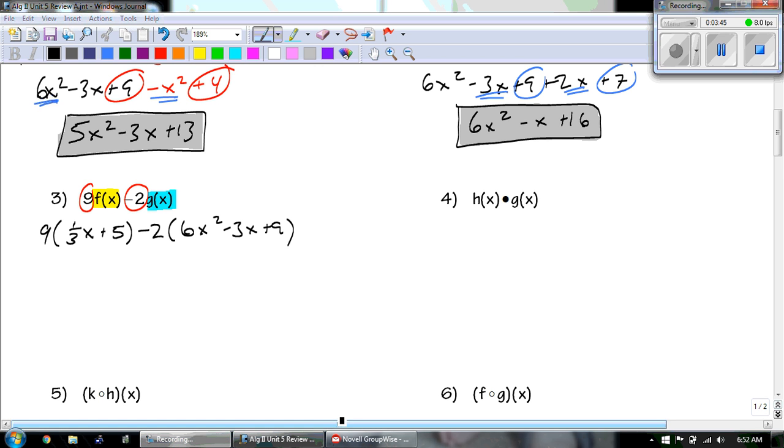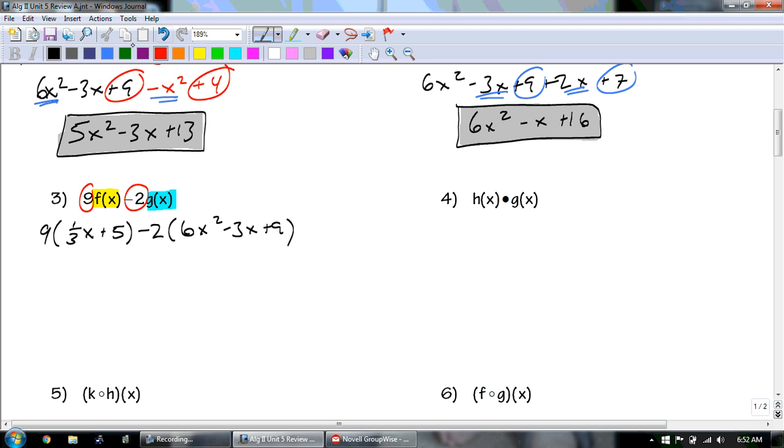Okay, so we're going to do what it says, so I'm going to distribute the 9. 9 times 1 is 9, 9 divided by 3 is 3, so we get 3x. 9 times 5 is 45.